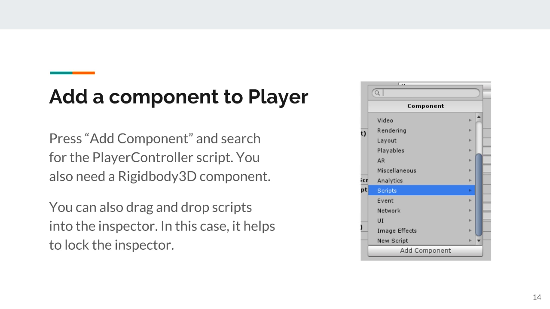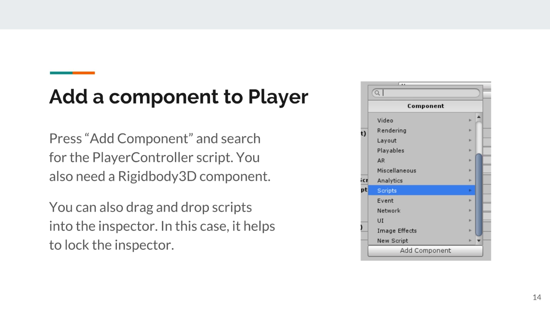Alright, so the inspector allows you to add components. This is kind of a cool part about the inspector. It takes a lot out of the programming you have to do in Unity. So in the inspector, you can add a component, and a component can be anything you can think of. It could be a script, it could be a collision box, or maybe some kind of sound it emits.